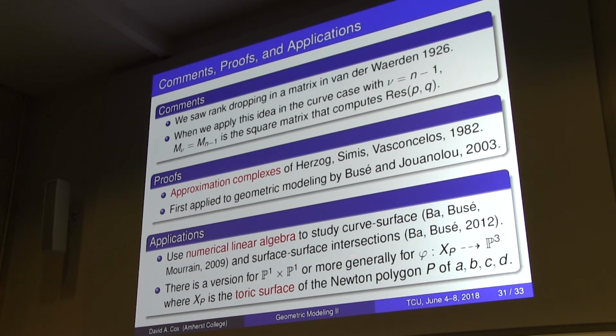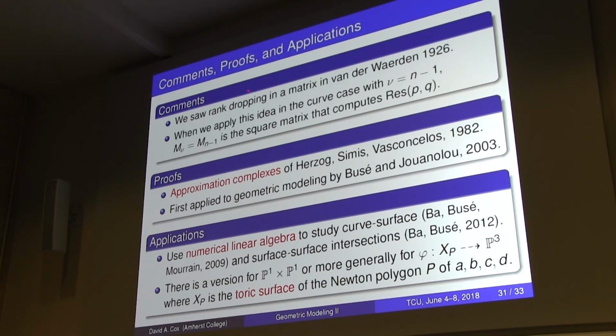And then also, for the surface-to-surface intersection, you represent one of the surfaces parametrically, you represent the other surface by a matrix. And again, by understanding the interaction of that, you can try to get a sense of where these two surfaces meet, and that's Bajaj and Busé in 2012. So there are some geometric applications of this, where basically you represent the surface using this matrix.